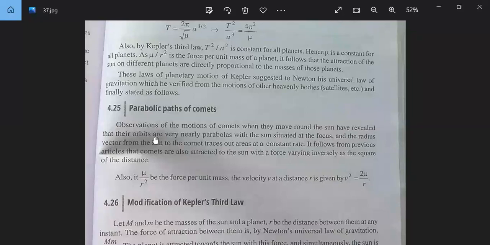And the radius vector from the sun to the comet traces out areas at a constant rate. It follows from previous articles that comets are also attracted to the sun with a force varying inversely as the square of the distance. Also, if mu by r square be the force per unit mass, the velocity v at a distance r is given by v square is 2 mu by r. ये देख चुके हैं.